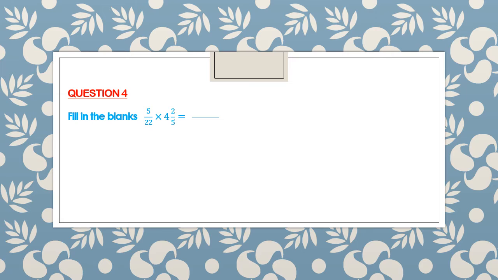To convert it into an improper fraction, we multiply 4 and 5, and whatever the answer will come, that is to be added with 2. So 5 4s are 20 plus 2, 22 upon 5 will be our improper fraction. So 5 upon 22 multiplied by 22 upon 5 is equal to 1. On solving it, we'll get the answer as 1.